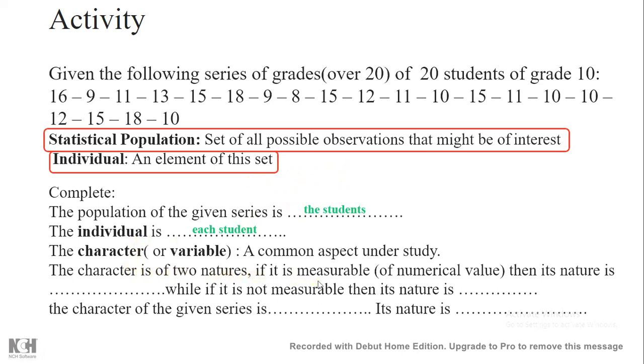If it is measurable, of numerical value, we say that it's quantitative. If it's not measurable, then its nature is qualitative, such as color of eyes, hobbies, etc. The character of the given series in our activity is the grades, and since the grades are numerical, measurable values, its nature is quantitative.